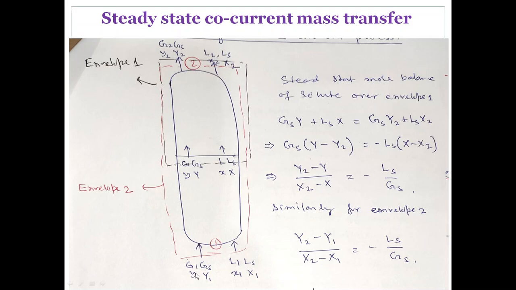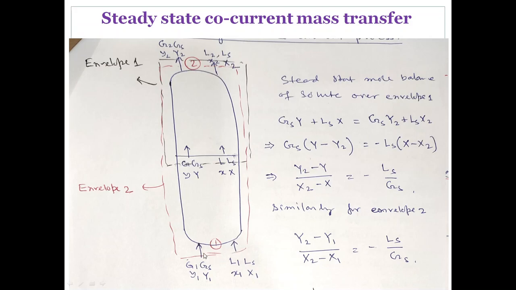So the G phase enters with G1, Y1, and the corresponding mole ratio Gs, capital Y1, and the liquid also enters from the same direction. If you take mole fraction, then X1, L1, and in terms of mole ratio, Ls, capital X1.